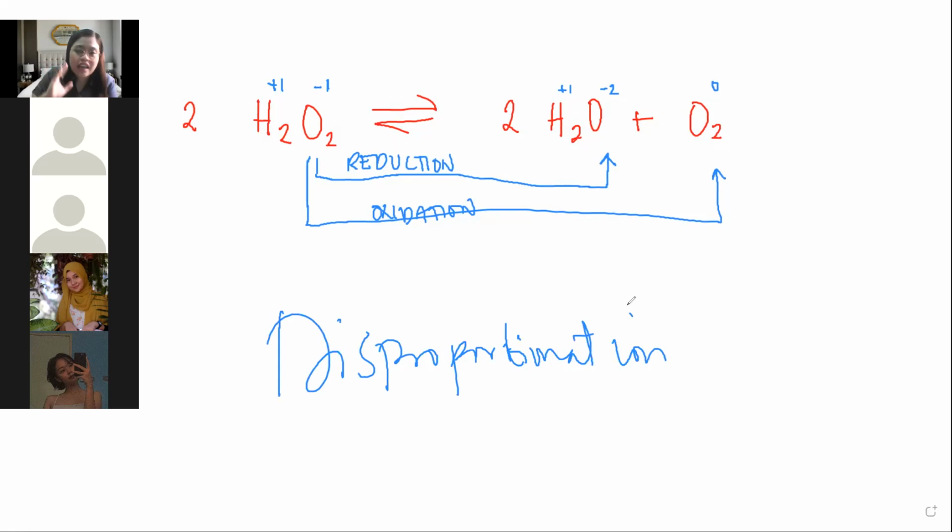So this is again a special type of a chemical reaction. But yun lang yung tandaan ninyo. Pag merong element na siya lang talaga in an equation, ang both na-reduce and na-oxidize, matik na yon na disproportionation reaction.